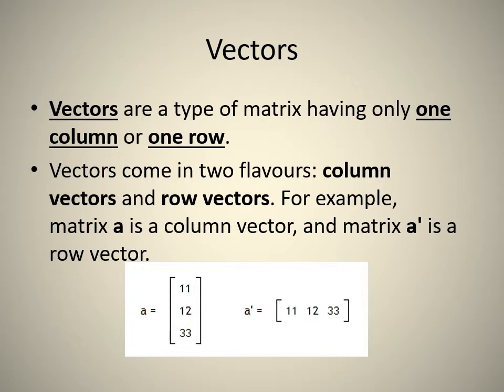You will also denote them with lowercase letters, not capitals anymore, where the column then becomes the row. So the transpose of a in this case, 11, 12, 3, the column becomes a row. So they're both vectors, a column vector and a row vector. It's just a special type of matrix.